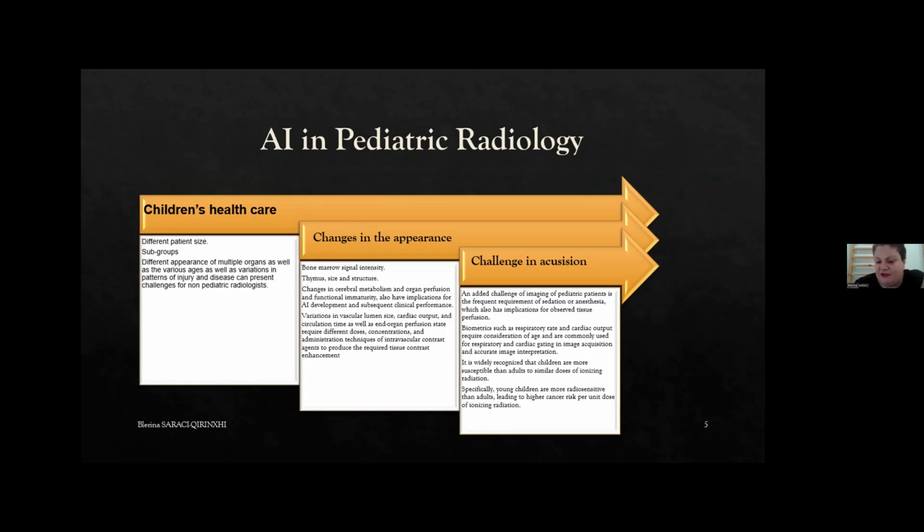Specifically, young children are more radiosensitive than adults, leading to higher cancer risk per unit dose of ionizing radiation. In this field, we have to protect them and use doses as low as possible. And this is a challenge for the machine to recognize examinations performed with different doses and different parameters.